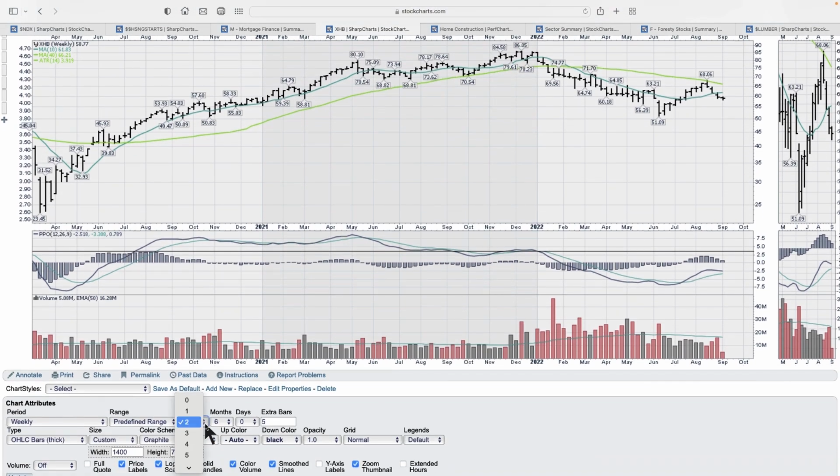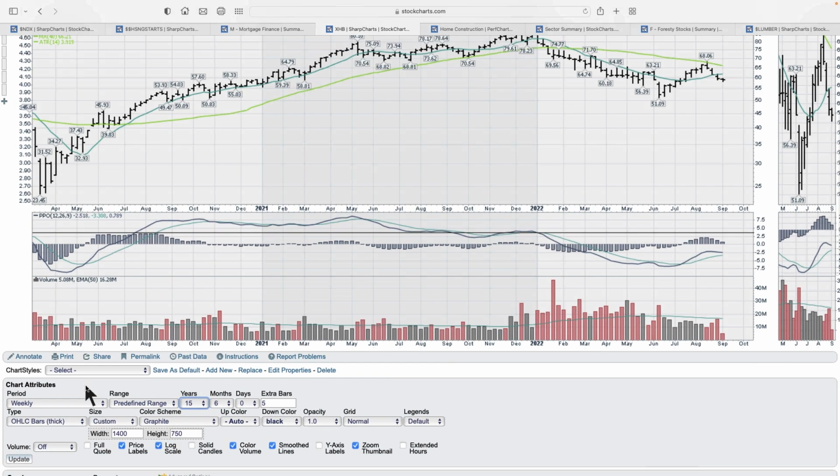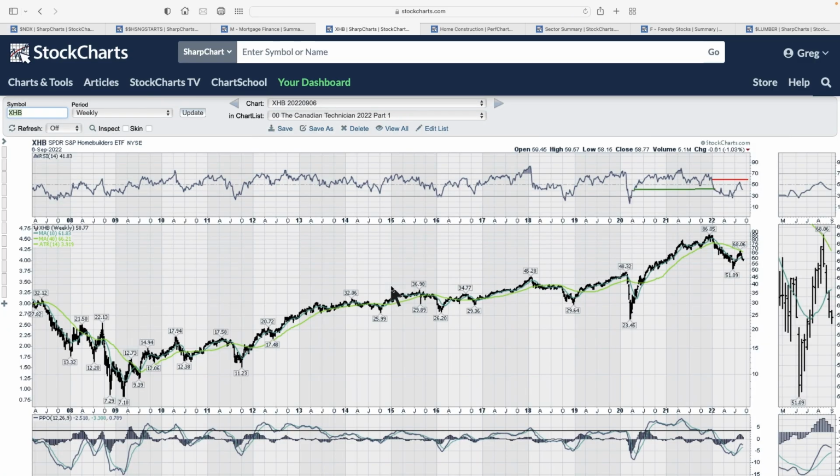Now, as an example, when I unwind the tape here, I just want to go back 15 years or something. What you'll see here is the RSI goes through huge periods of outperformance, right, up in the top half. And even if you just use the 50 line, it gives you an idea. But in 2018, it really never got above 50, telling you to be cautious. Then in 2019, it started to take off back above 50.